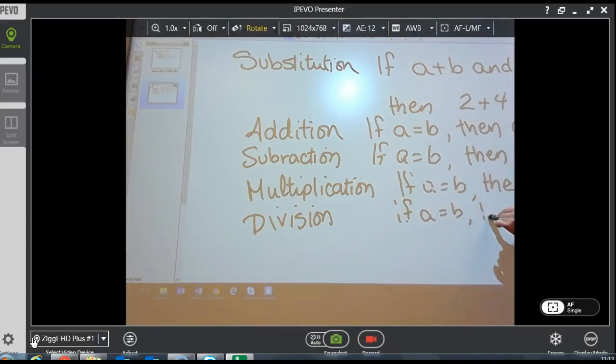Division for me is always easiest to write as the fraction. So A divided by C equals B divided by C. It could be written as a division problem this way, if you want. All right.